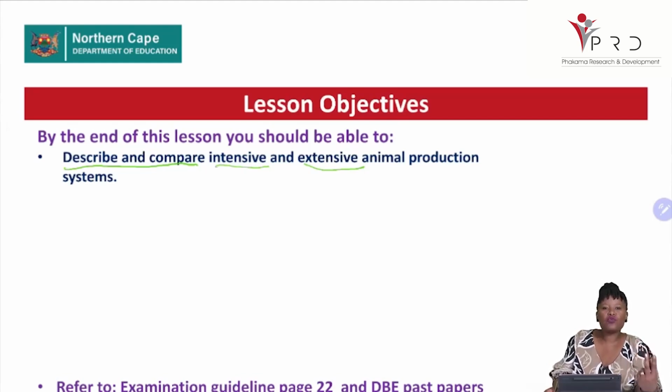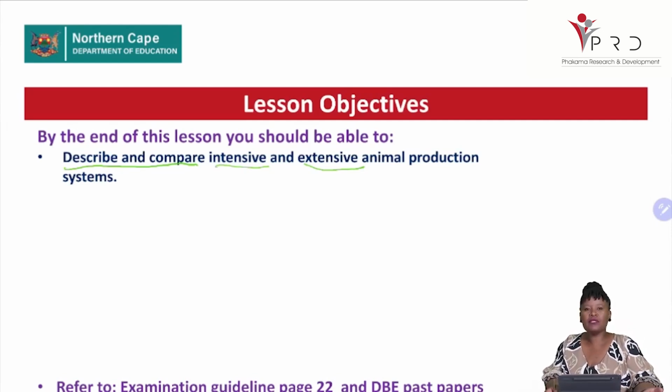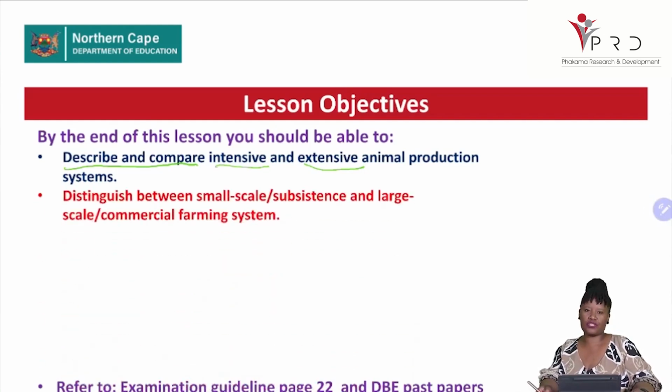We only have two types of production system, which are the extensive system and the intensive system. So you must be able to look at their characteristics so that you'll be able to describe and compare them. At the same time, you are expected to distinguish between small scale and large scale, or between subsistence and commercial farming systems.